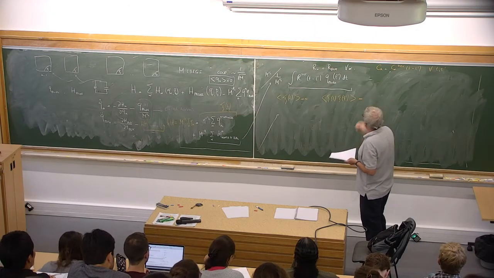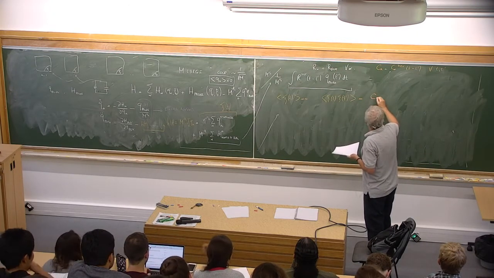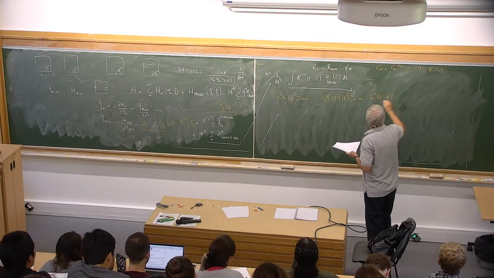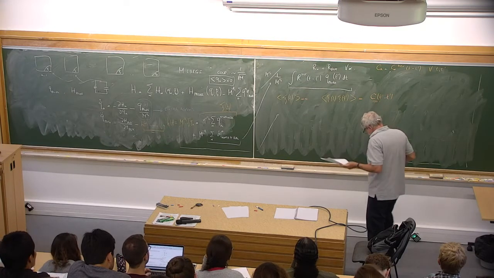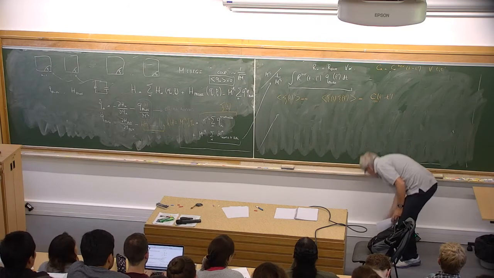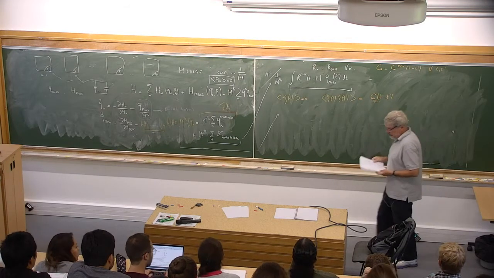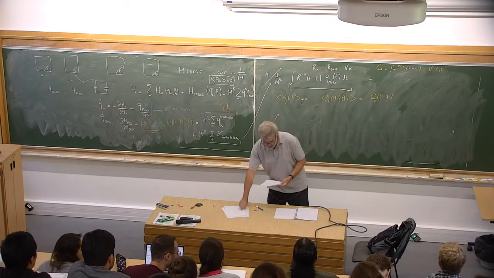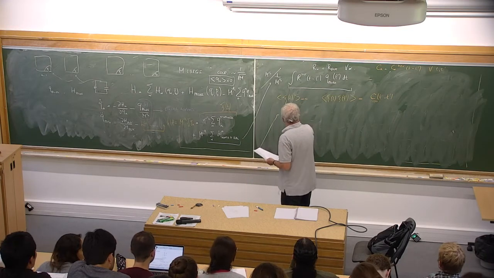So at the end of the day, when you do the sum, this gives you C of T minus T prime of the system. So big equation.